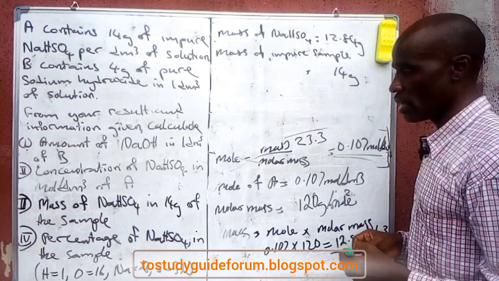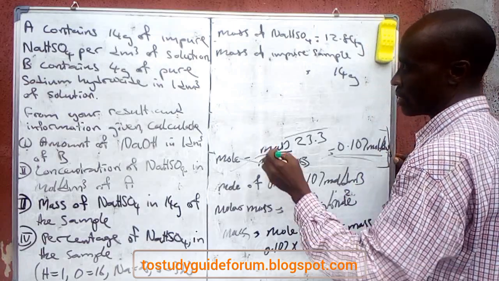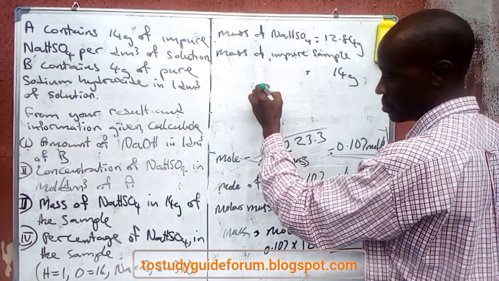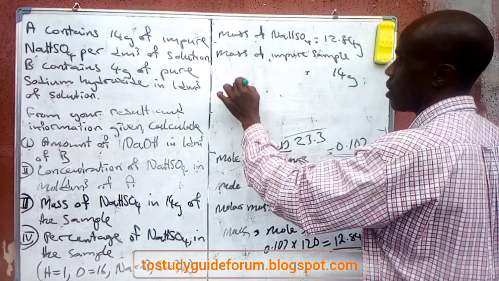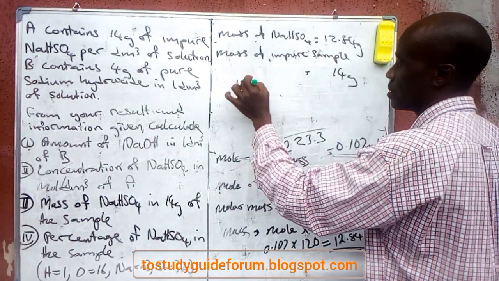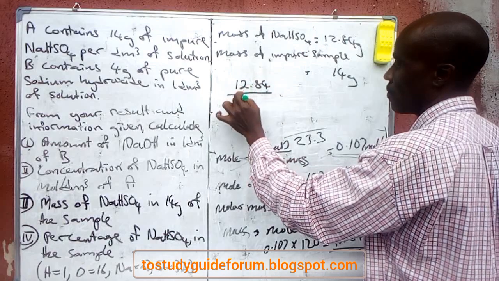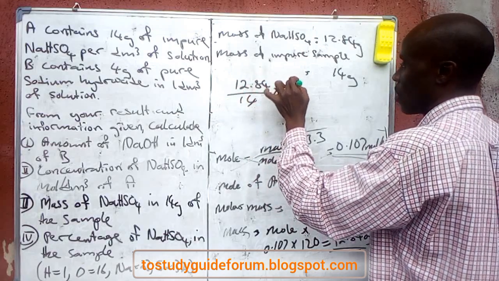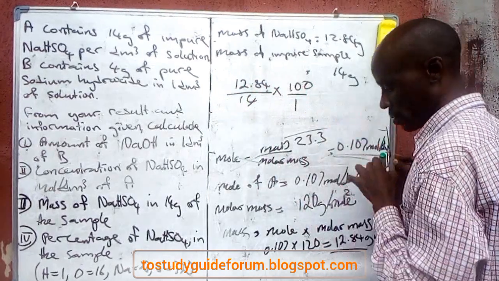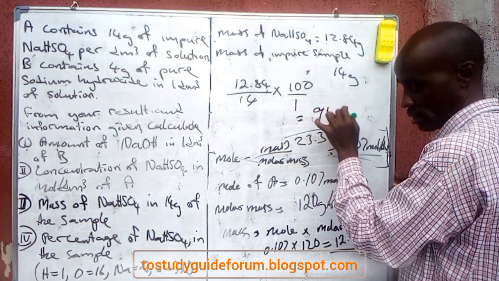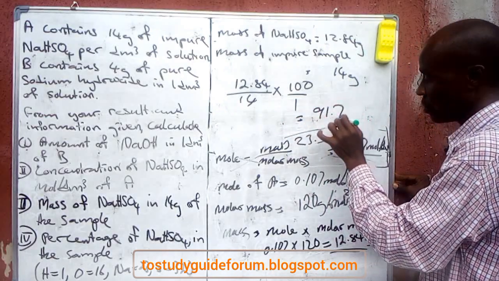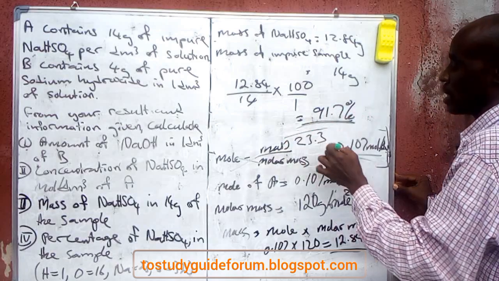So the percentage mass of that will then be 12.84 over 14 times 100 over 1. So going by that, what we have will be 19.7%. That's the final answer.